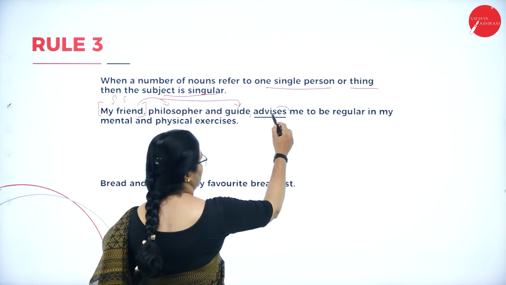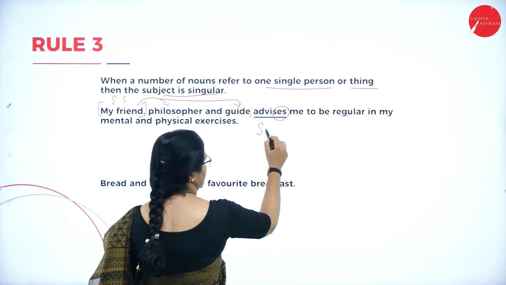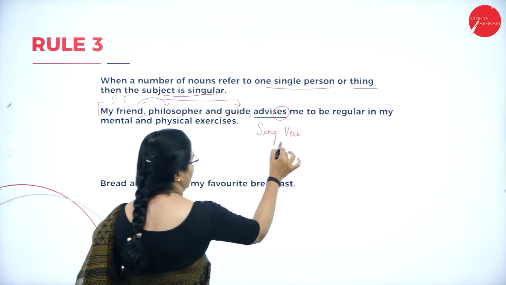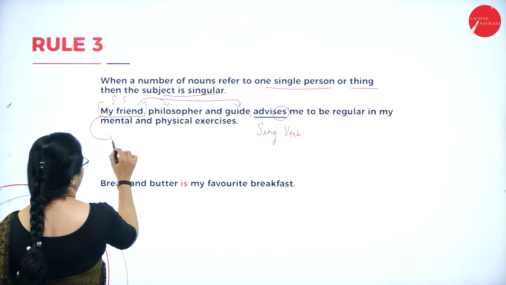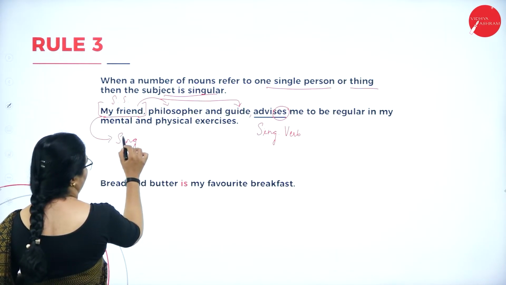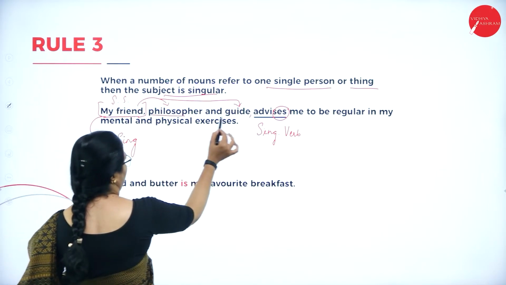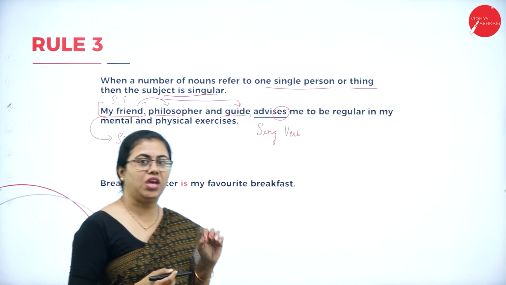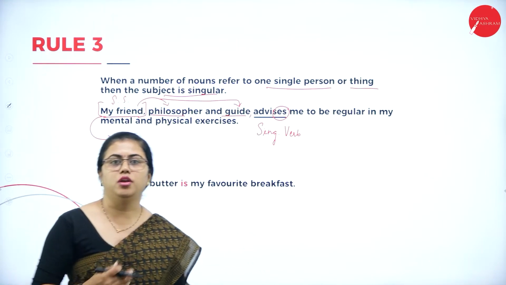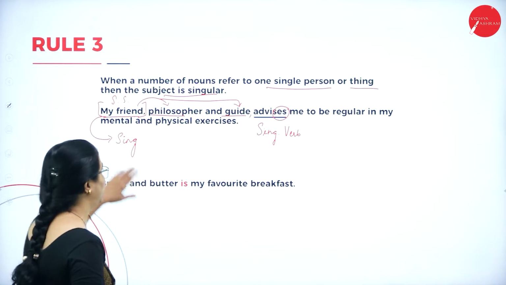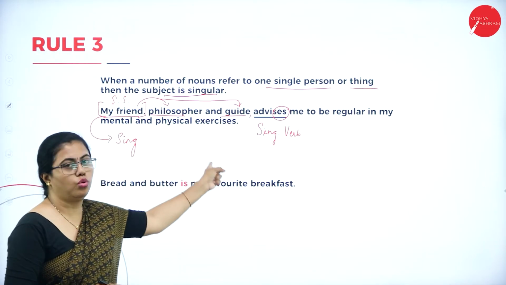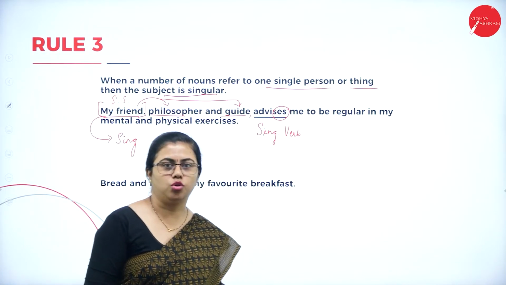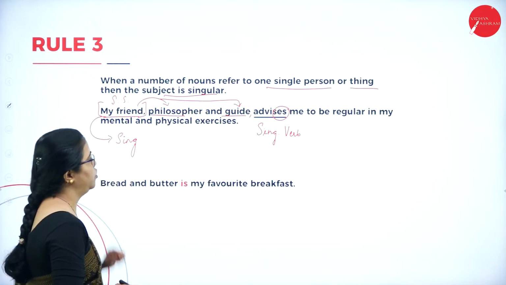So here I have used es, that means this is a singular verb. Why is it a singular verb? Because the subject here is singular. This person is playing the role of a philosopher and guide. So in that case, you must be very clear about whom or what you are talking about. If you're talking about one person who is taking two roles, then it will be considered as a singular subject only. So that you have to keep in mind.